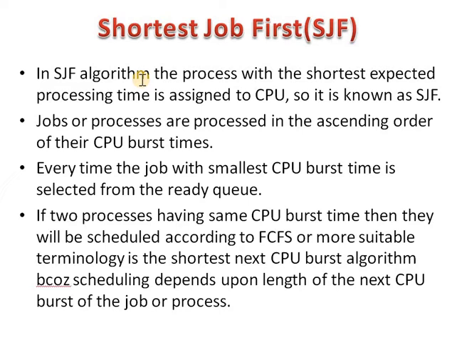In the shortest job first algorithm, the process which has the shortest burst time, the shortest expected processing time, is assigned to the CPU first. That means the process which has the shortest burst time is assigned to the CPU first.